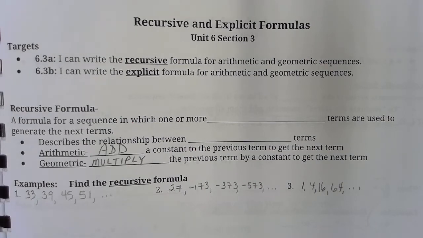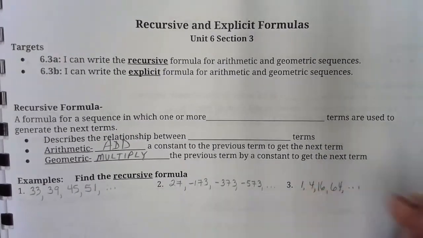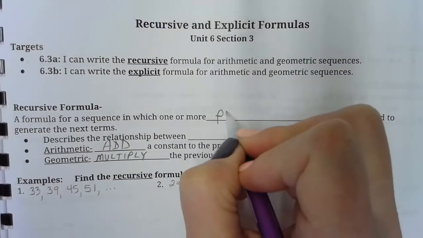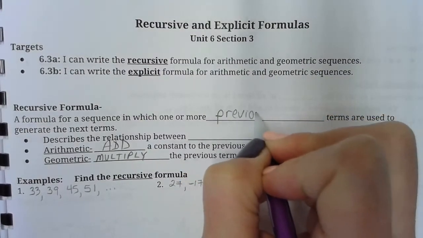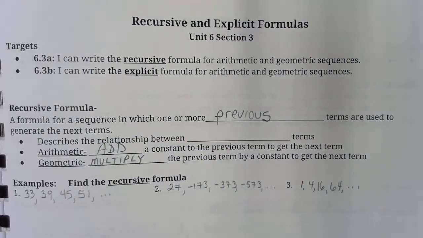We want to be able to write a recursive formula and we want to be able to write an explicit formula. So the first one that we do is the recursive formula. A recursive formula for a sequence is one in which one or more previous terms are used to generate the next.